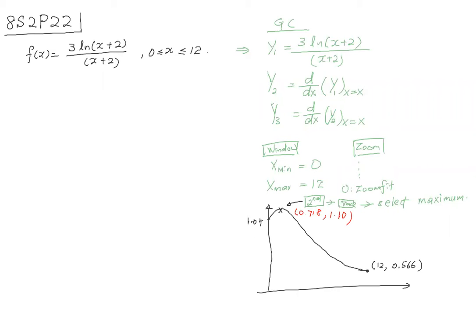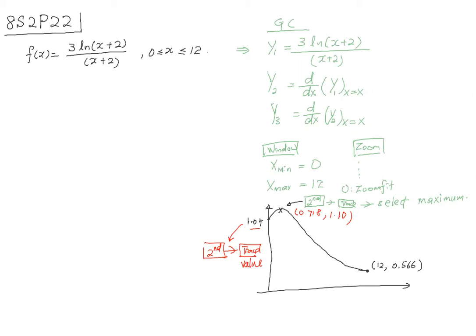Correct. Okay, just now we have friends who asked me how I get this one. So what you need to do is, if you are in the graph, you use second, trace, then the first one is the value.